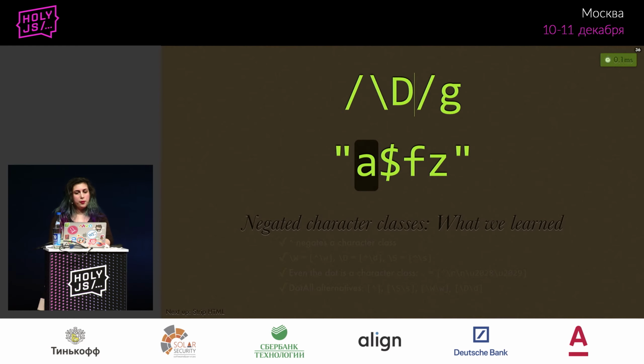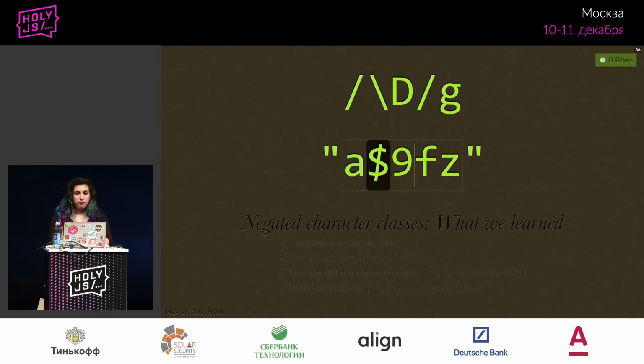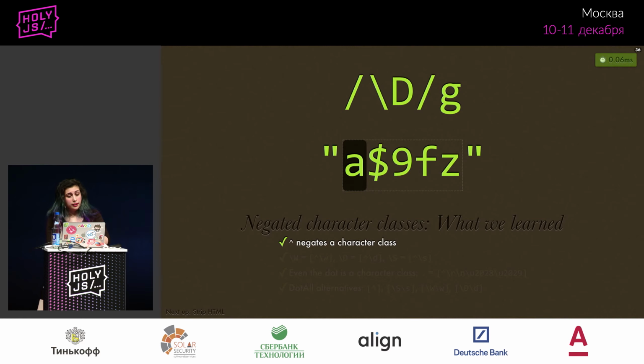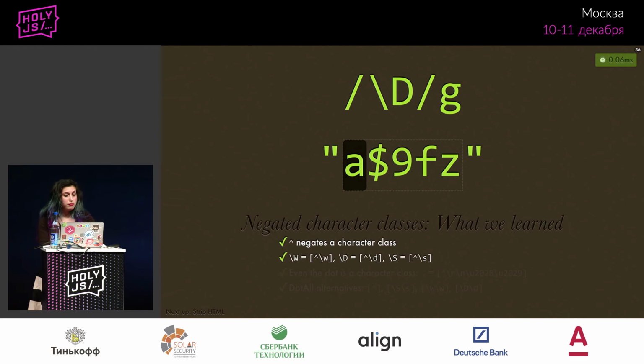For example, uppercase \D means not a digit, so it will match everything that is not a digit. See, it didn't match the digit, it matched everything else. So the caret negates a character class. They're shortcuts for the negated versions of the predefined character classes.